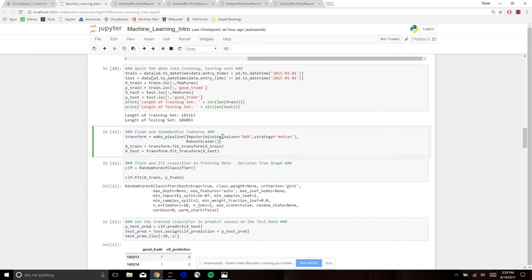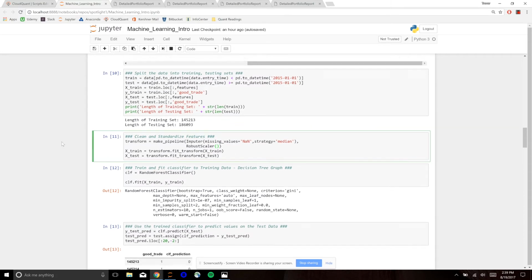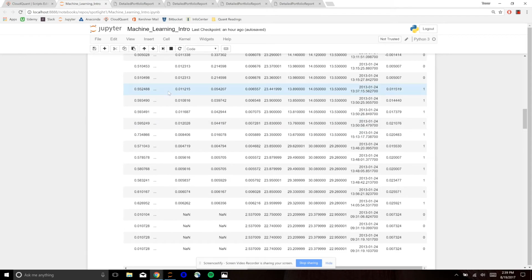There can be all sorts of different reasons why we get Nan values, and before you move on to this step, you probably want to take a look at your data and the data you've collected and try and minimize these Nan values as much as you possibly can.